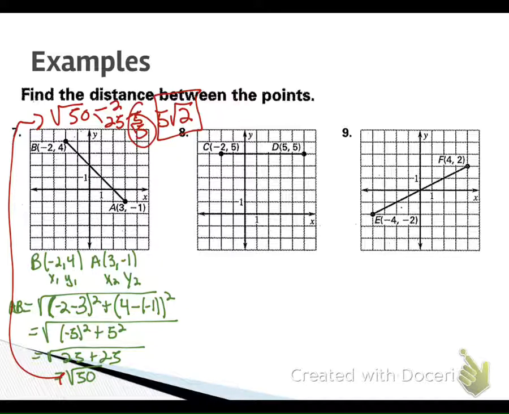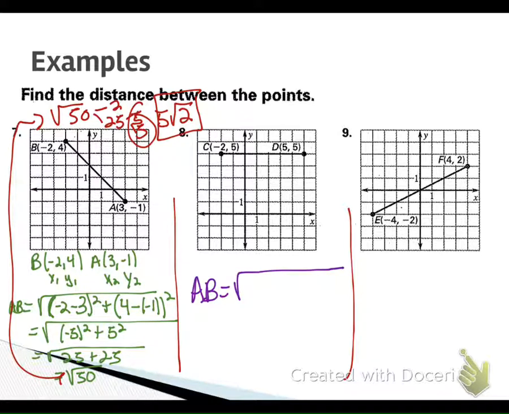Okay, let's have you guys try our second one. So take a second and try to solve that one. Okay, so Jasmine, what did you do? -2 minus 5. Okay, and then 5 minus 5. Nice job.